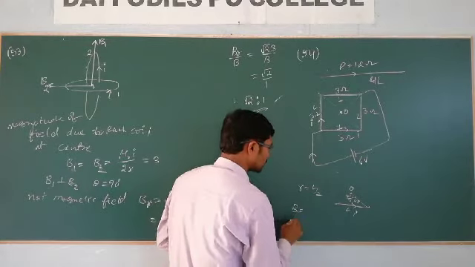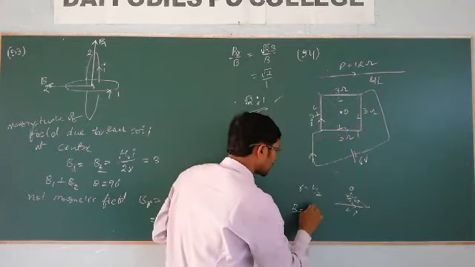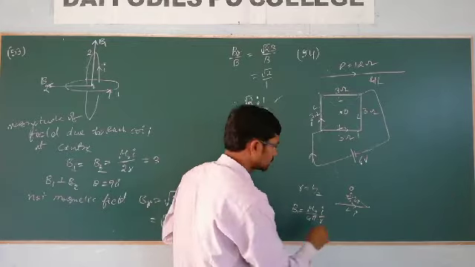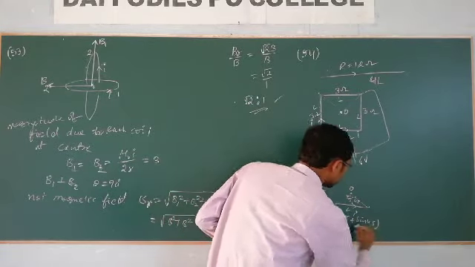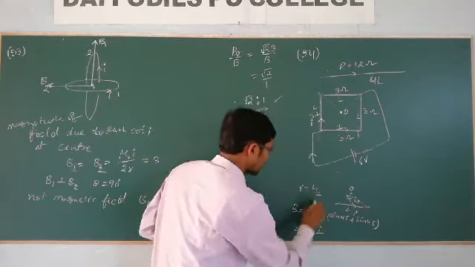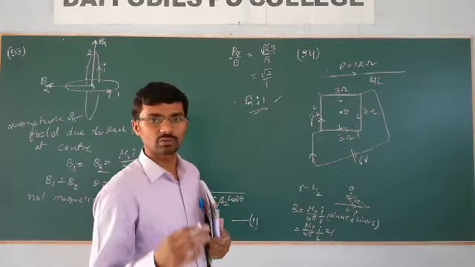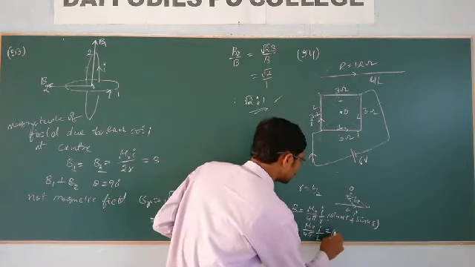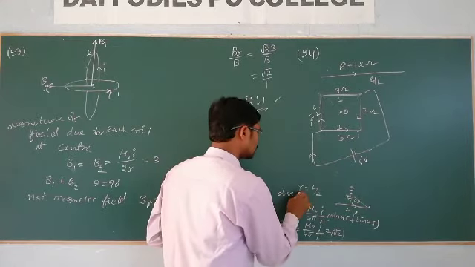Then B1, all are having the same magnitude and same length, is mu naught by 4 pi, I by R, into sine 45 plus sine 45. R is L by 2, so this is mu naught by 4 pi, I by L by 2, means 2 by L, into sine 45 plus sine 45, which is 1 by root 2 plus 1 by root 2, that is 2 by root 2. Then 2 by root 2 means root 2, due to each one.